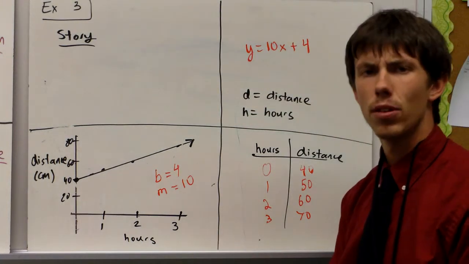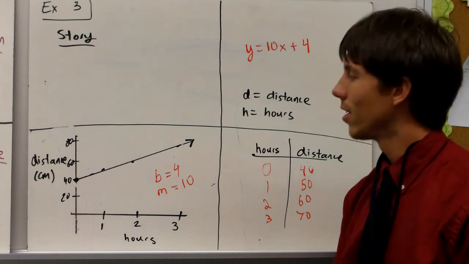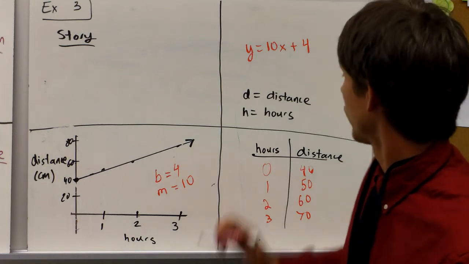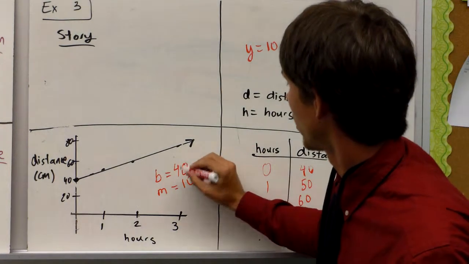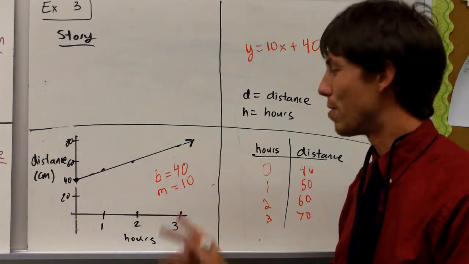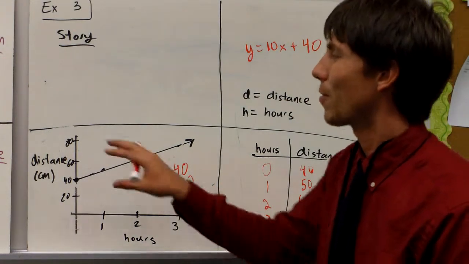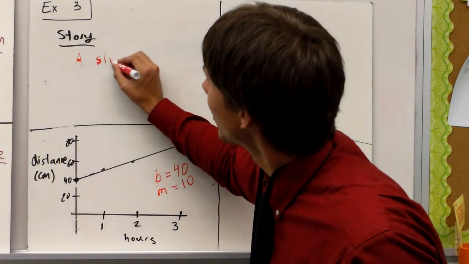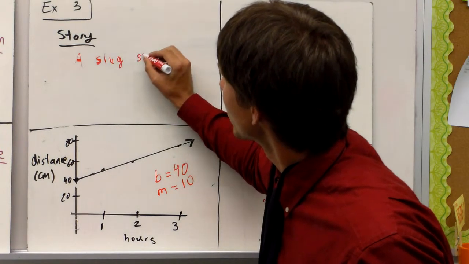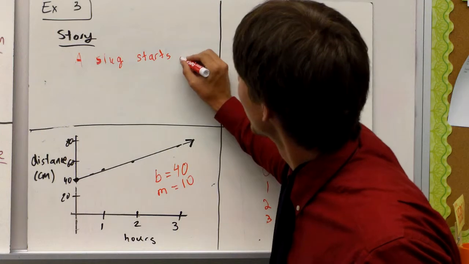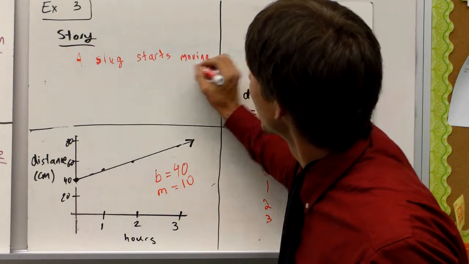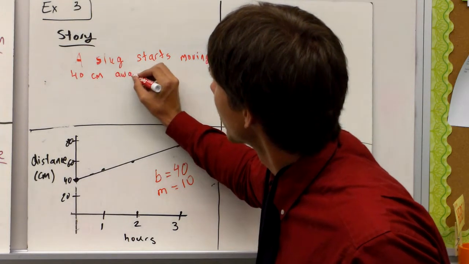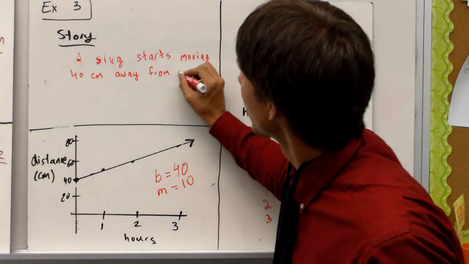And then we can go ahead and write some sort of story. So you can write any sort of story you want. So my story is going to involve a slug. Oh, 40. Yes, excuse me. 40 would be my y-intercept. So I'm going to write a story about a slug, and I'll say a slug starts moving 40 centimeters away from a motion detector.